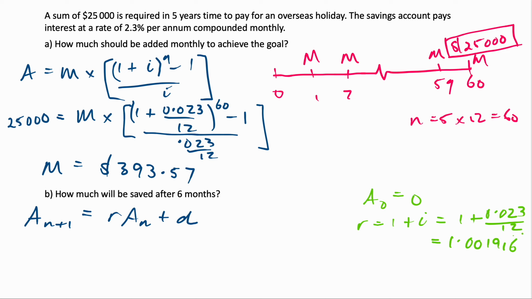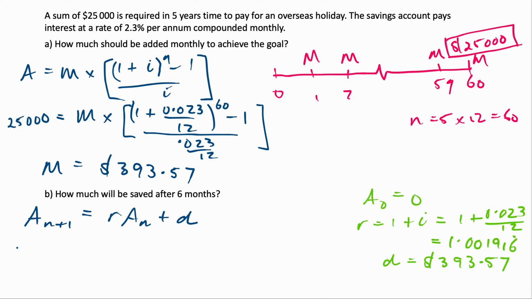So we want to try and keep as much detail of that number as we can for accuracy. And our D, that's our regular payment. So in this case, it's the same as our M up here, so it's $393.57.